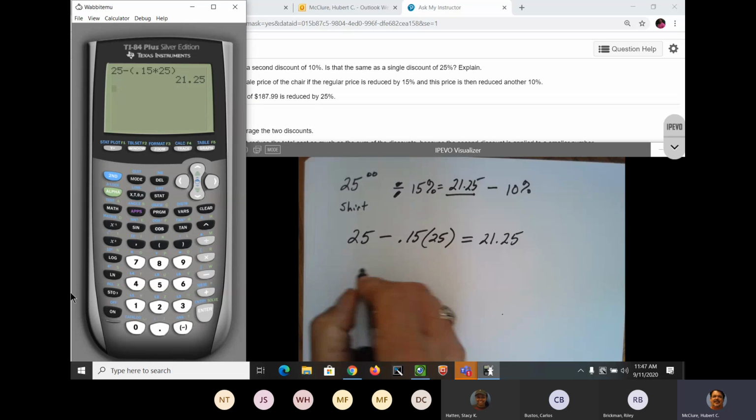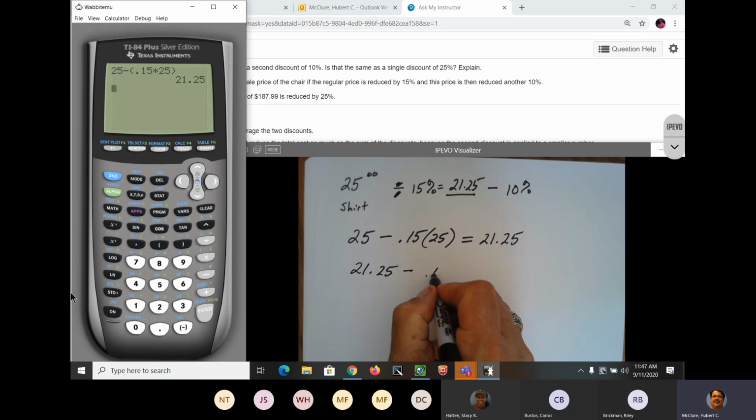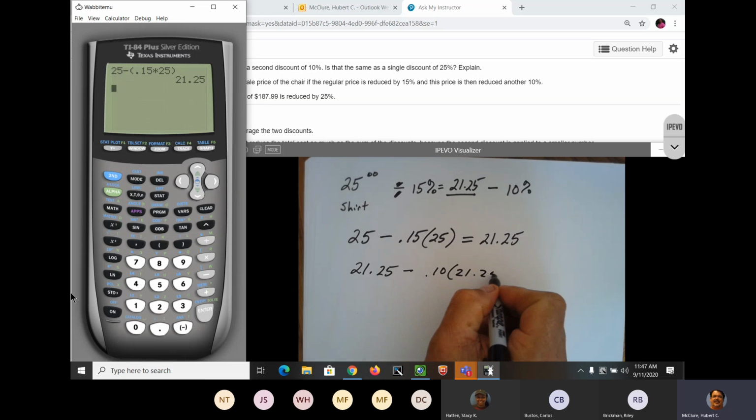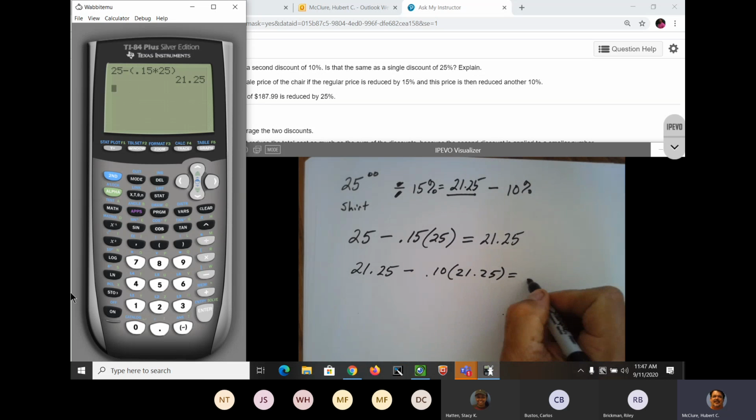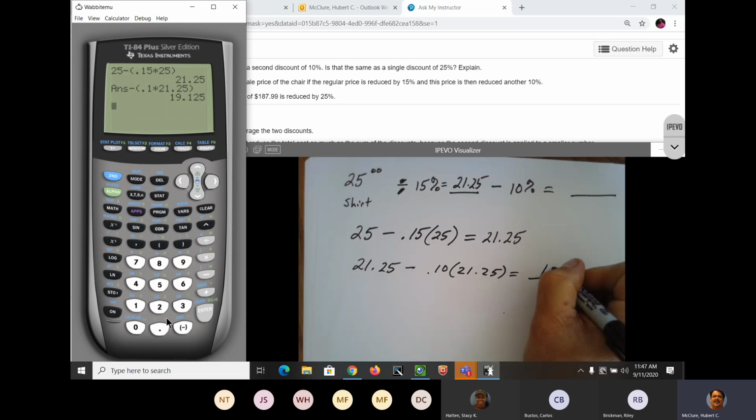So 21.25 minus 0.10 times 21.25 is equal to our new price. You can move your decimals and do it that way if you want to, I'm just doing it the basic way. That gives me a grand total of $19.13.